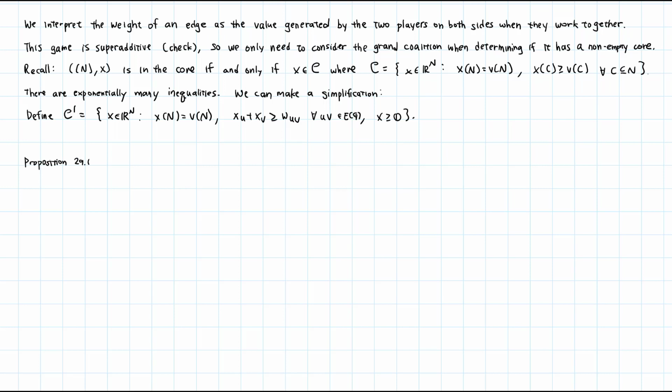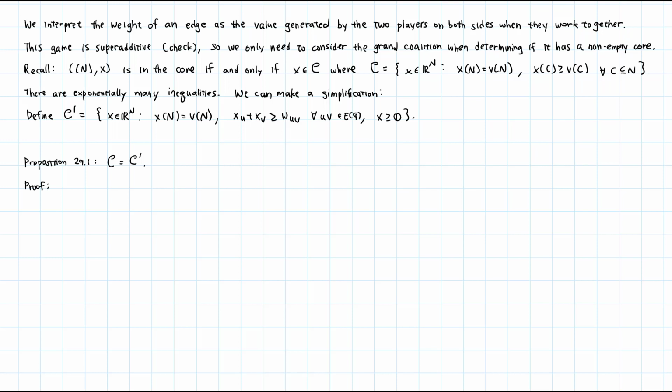And our result is script C is equal to script C prime. So instead of checking that the inequality holds for every subset of the vertices, we just need to check that they hold for the edges.